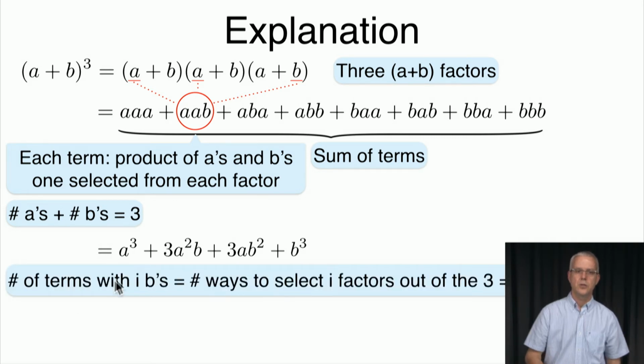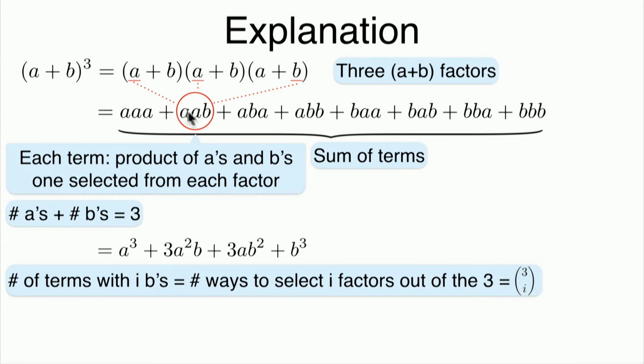So how many terms are there with i b's? That's the number of ways of selecting i factors out of the 3 factors that we have here. So for example, if we want to see how many terms have a single b, then remember we need to choose either a or b here, or a or b here, or a or b here.